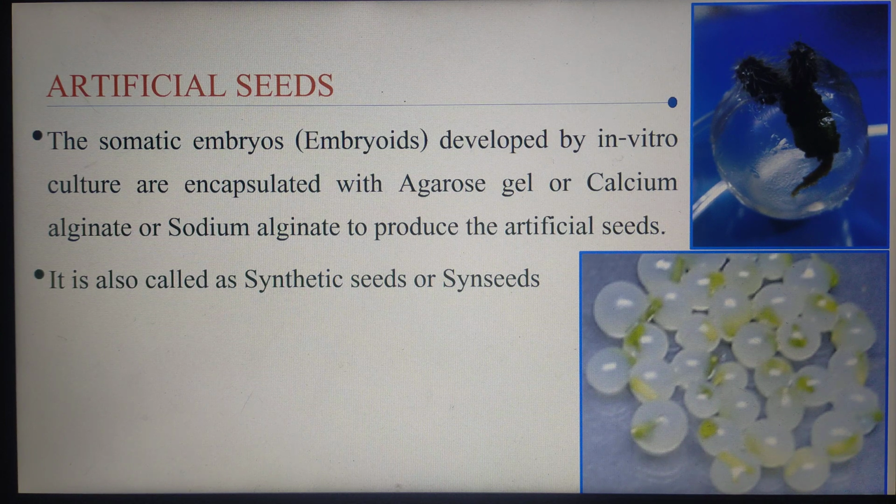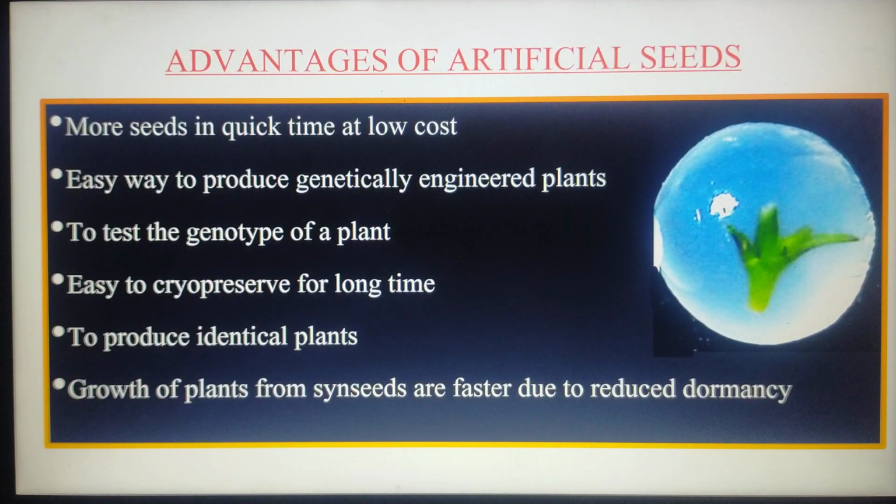So this is one of the special techniques to preserve a large number of embryoids produced by callus. And what are the advantages of artificial seed? As I have already told, in a very short period of time we can generate more embryos at a minimum cost.